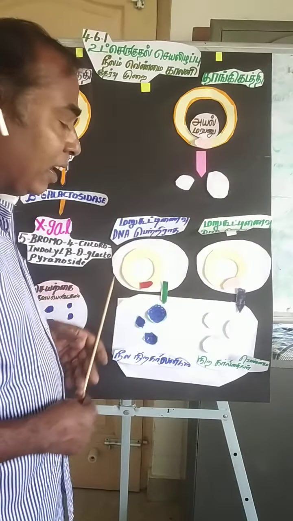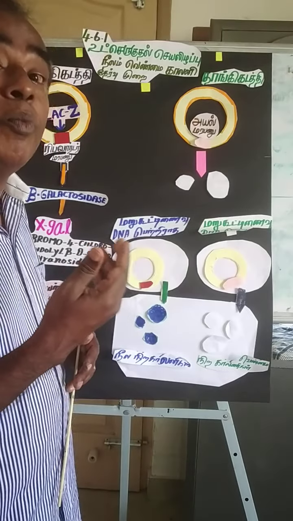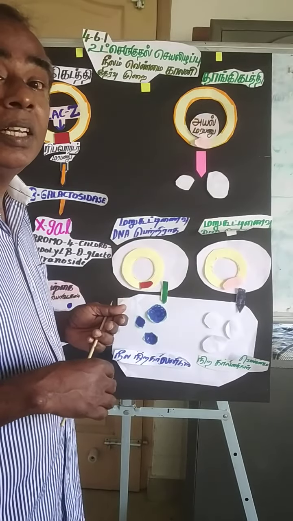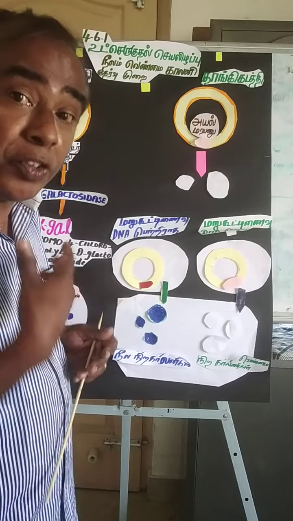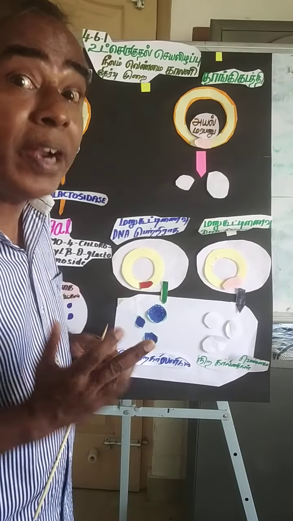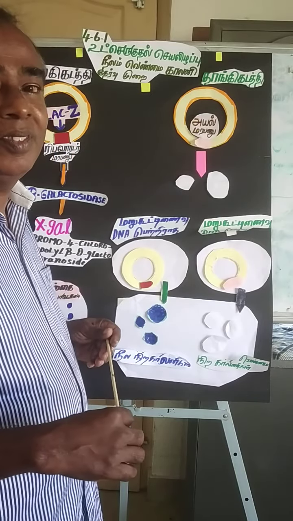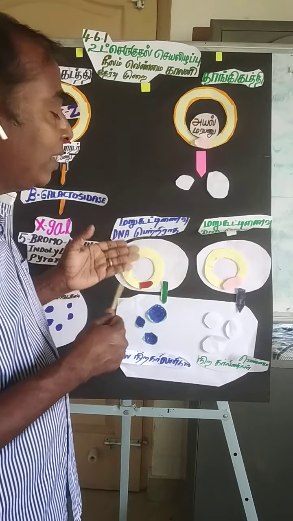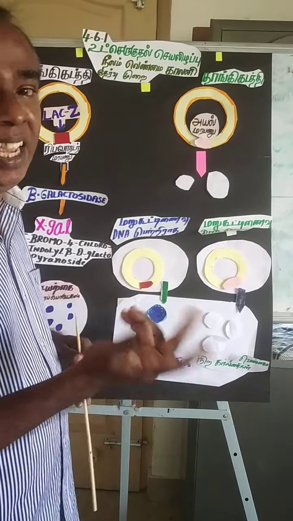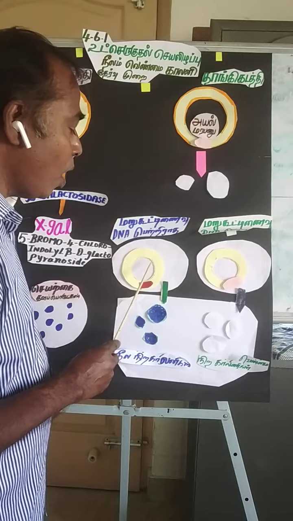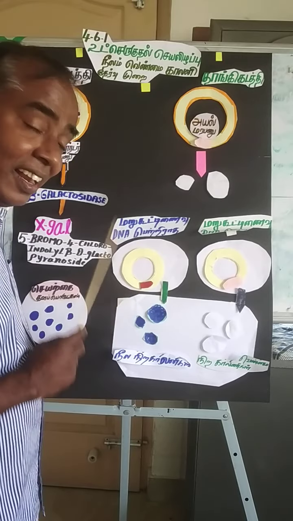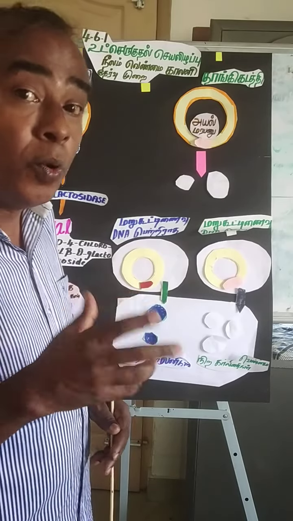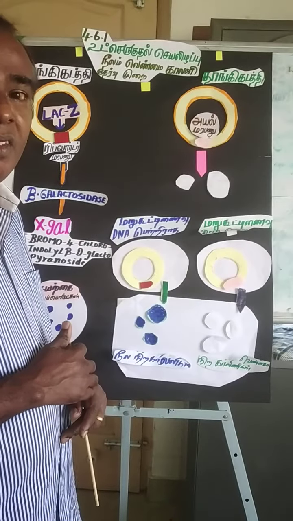The other cell in the X-gal produces a blue colony, because the cells which produce blue colonies are non-recombinant. Non-recombinant, because they do not have the recombinant DNA in their cells, so they produce a blue colony.